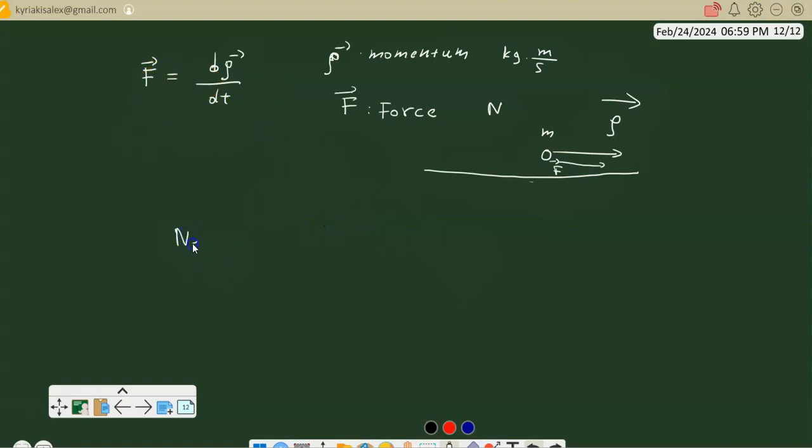We take Newton's second law of motion. So the force is the product of the mass times the acceleration. But we know that the acceleration is the derivative of velocity with respect to time.